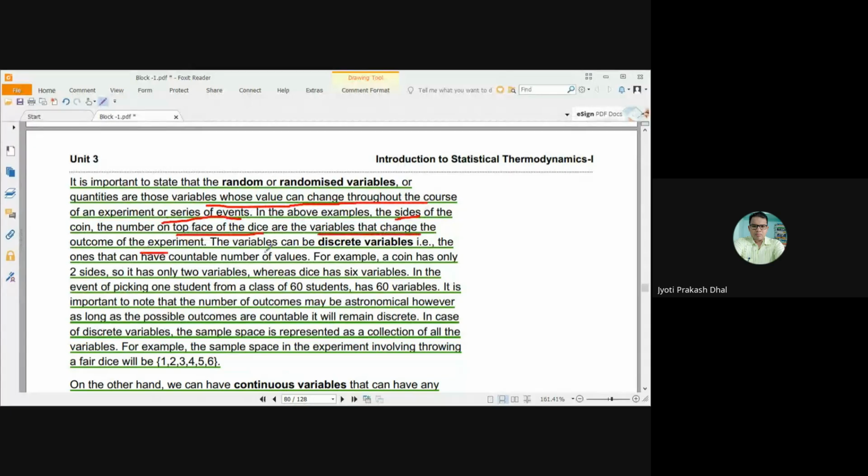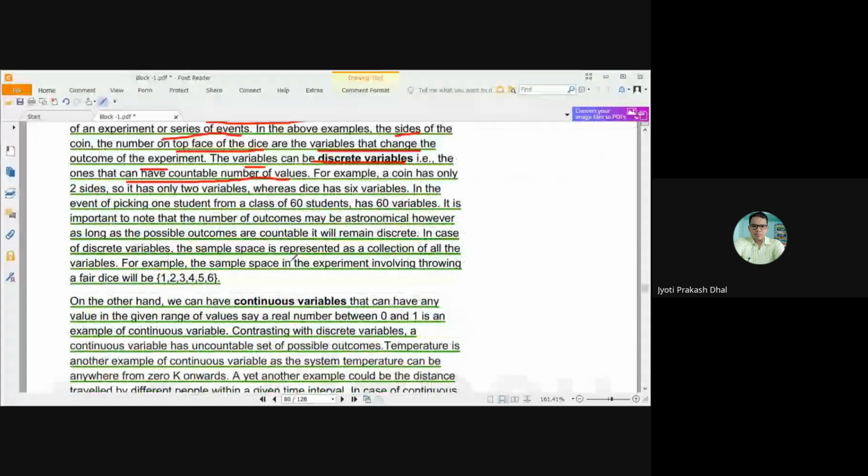So these variables can be discrete variables, that is, ones that can have a countable number of values. For example, a coin has only two sides, so it has only two outcomes. Whereas a dice has six faces, so six outcomes are there. In the event of picking one student from a class of 60 students, there are 60 outcomes.